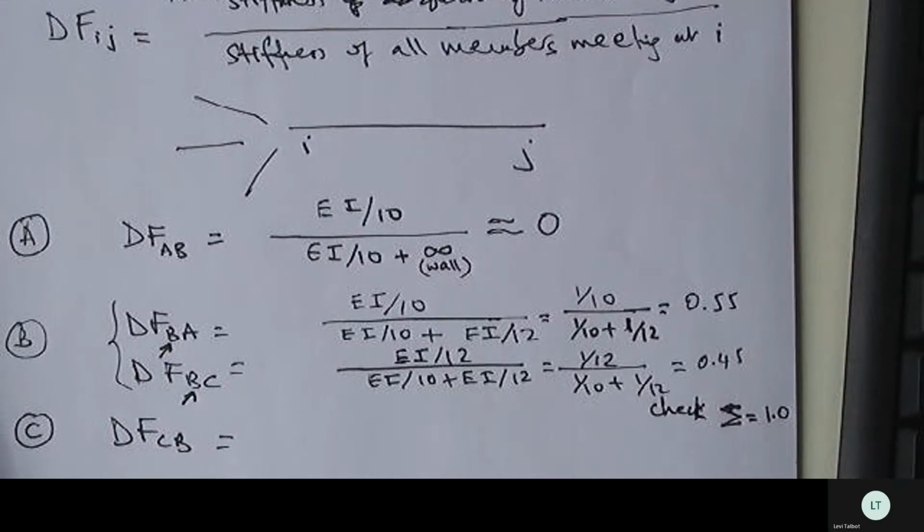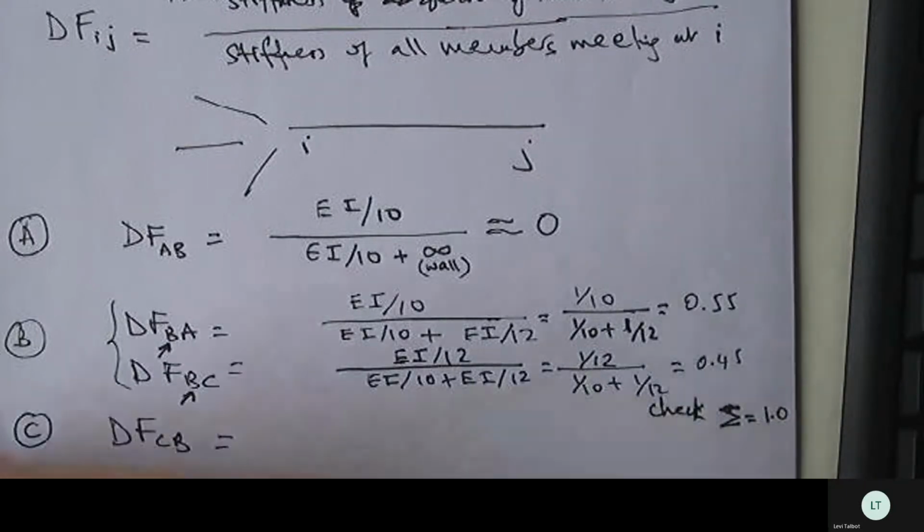Do they not need a unit of EI? Because essentially you've taken it out. Does that not become like 0.55 EI? Because you've got EI at the top and you've got EI at the bottom, so it cancels all the time. It's always like this. The EI will always cancel. In the future, you don't have to carry the EI with you all the time.